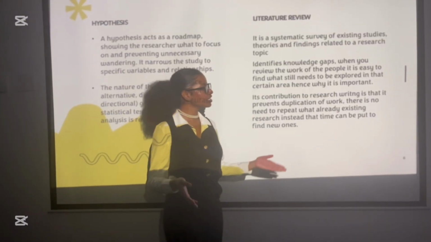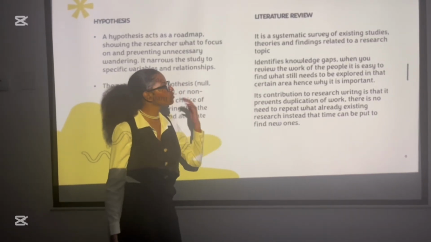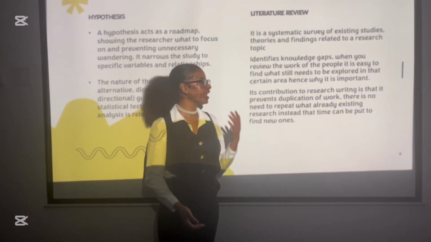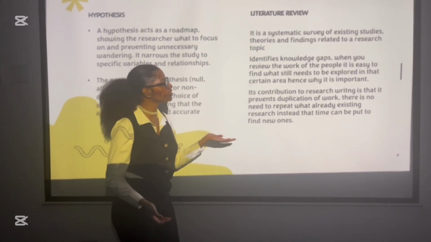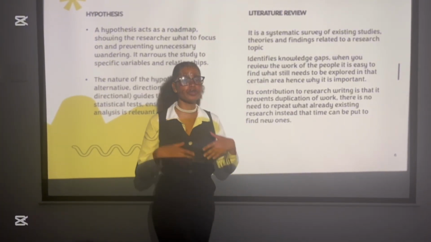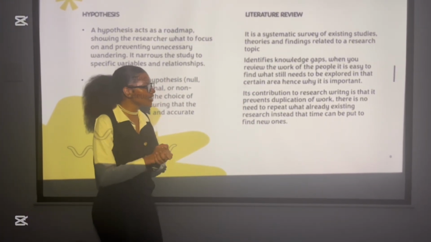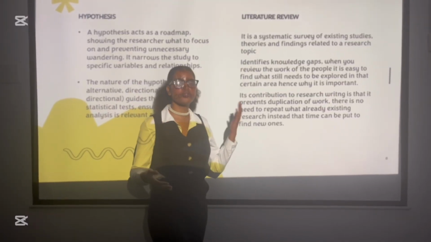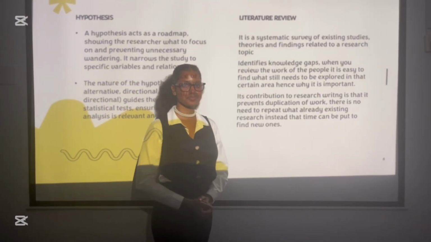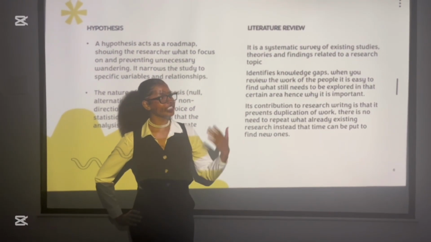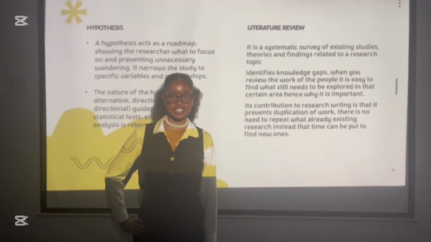A contribution that literature review brings to research writing is that it prevents duplication of work. There's no need to repeat what already exists in the system. Instead, that time can be used to find newer research. Thank you. My colleague Lifika will be taking us through the next stage.